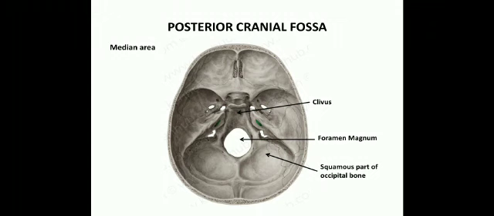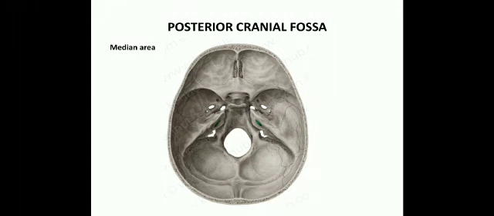The squamous part of the occipital bone is present in the posterior aspect. In the squamous part we can observe the internal occipital protuberance. Again we are observing the foramen magnum, the squamous part of the occipital bone, and the internal occipital protuberance.